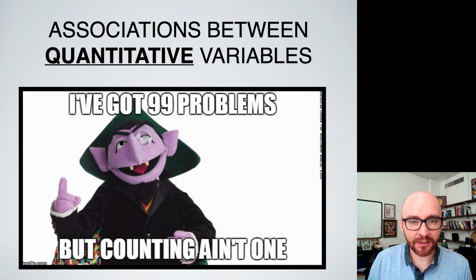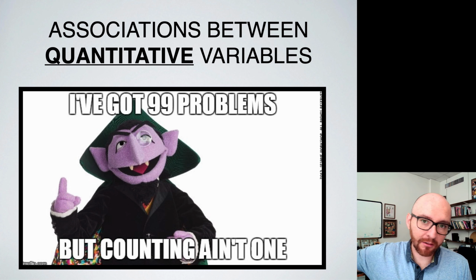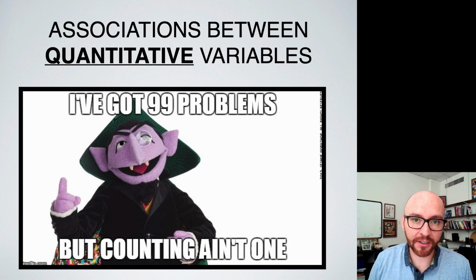Most of the time we're dealing with things you can count from 0 to 100 or more, right? Maybe to infinity. How many people visited the store? Or it might not have a real zero, like IQ and how that's correlated with study time, or even income, right? So these are all quantitative variables.